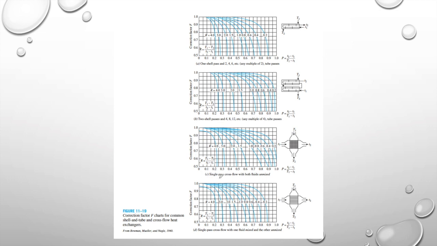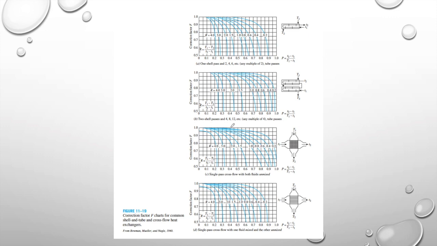The third and fourth are single pass cross flow, with both fluids unmixed, and with one fluid mixed and the other unmixed. So C and D are for cross flow, whereas A and B are multipass flow.